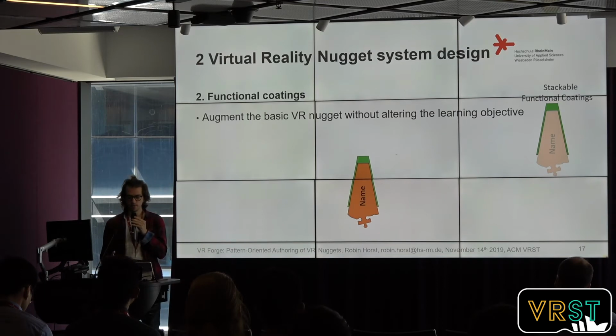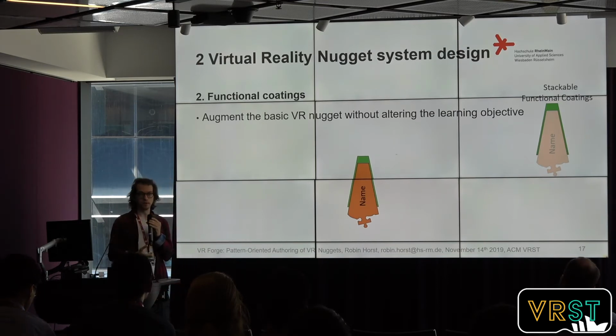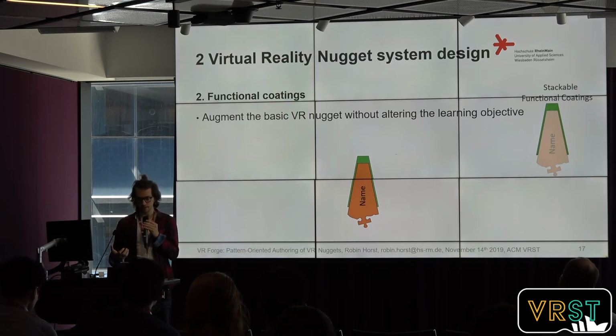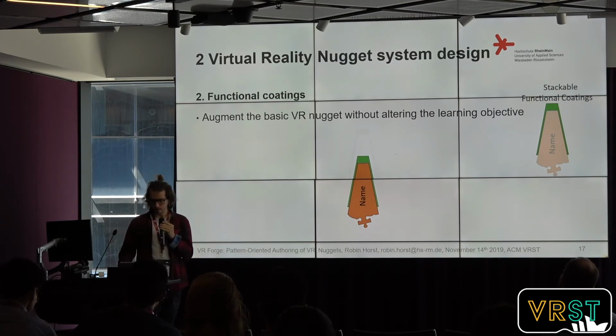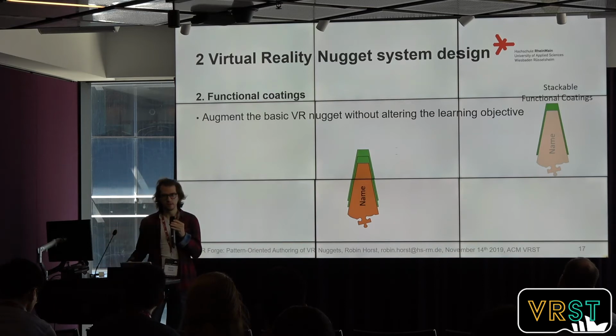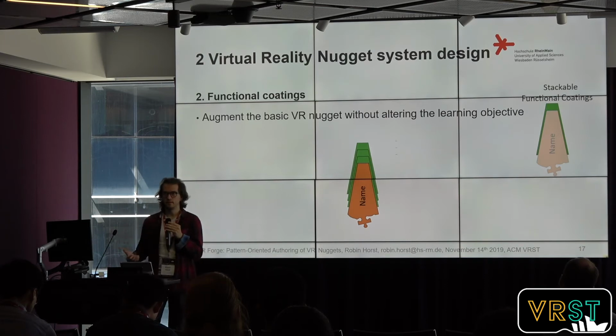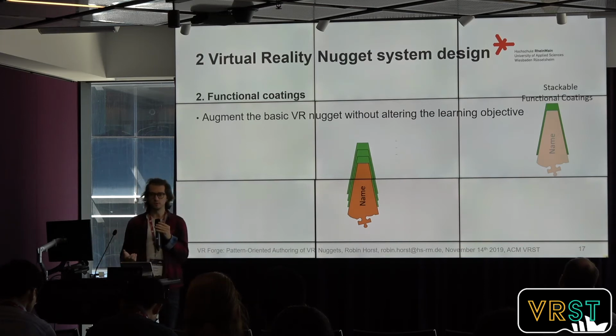So, for example, one coating may provide VR users the functionality to grab and rotate these main objects now. Another on top may put a decent particle circle anywhere in the room to attract the user's attention for this nugget. And the last one may add any background sound or music, and so on and so on.